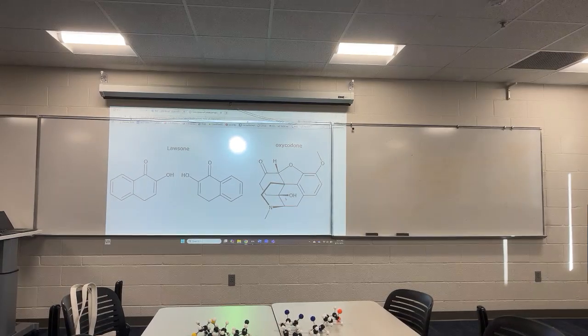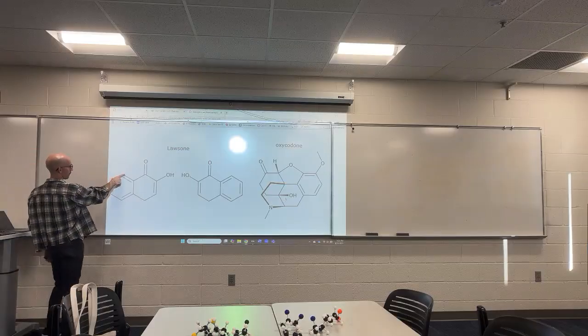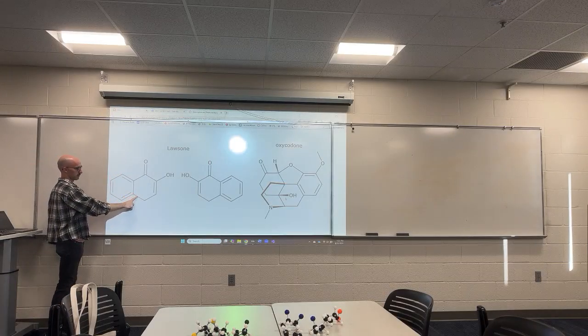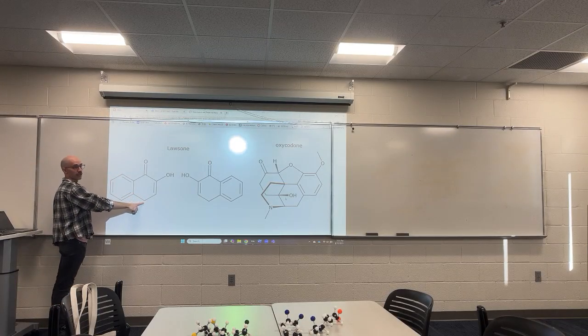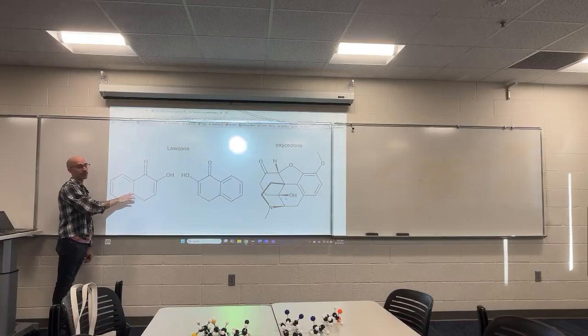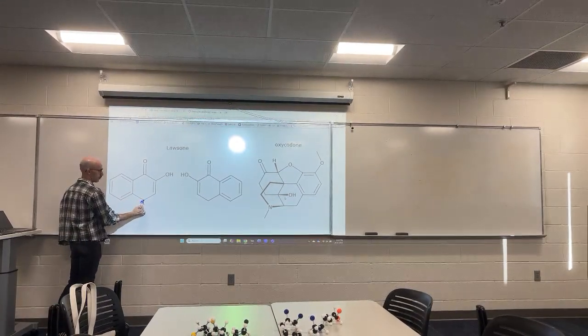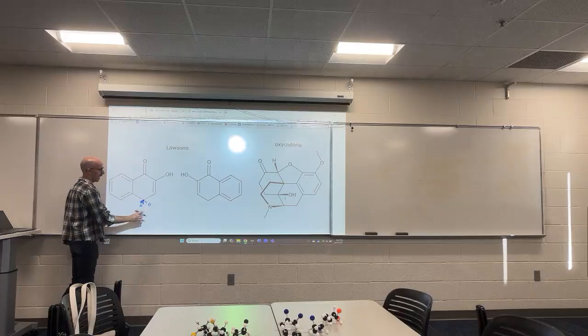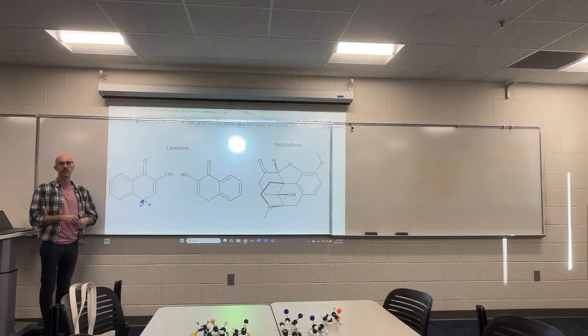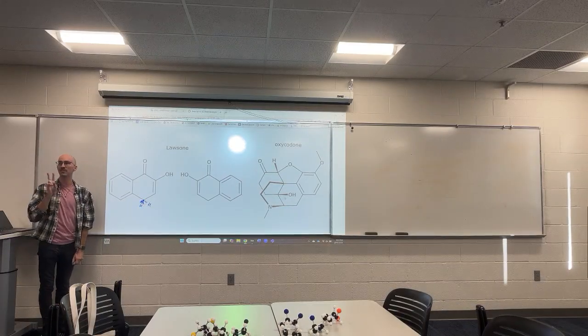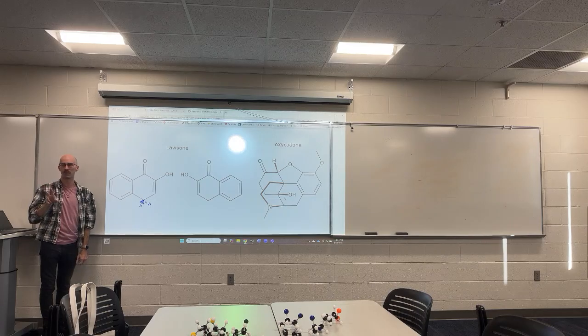Which 2? Here, it is bonded to 4 things, but 2 of those things are hydrogens. So it cannot be chiral because it has 2 identical groups.